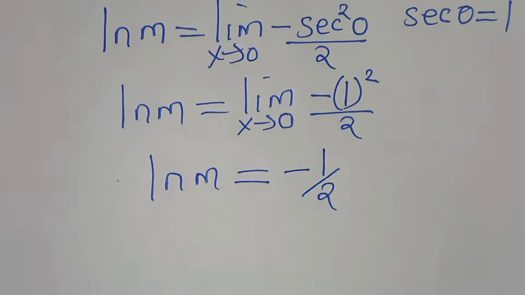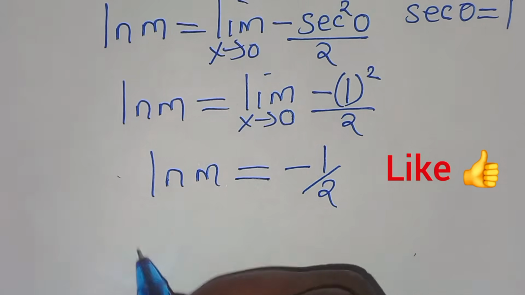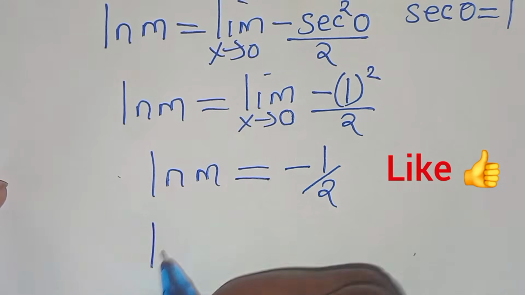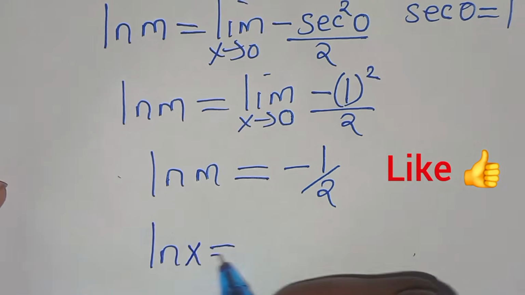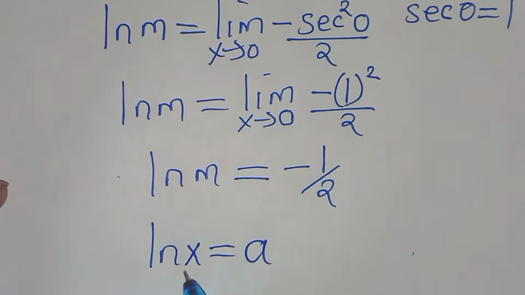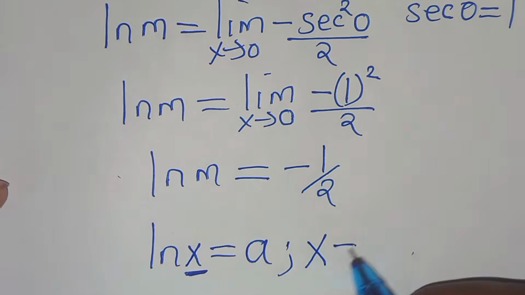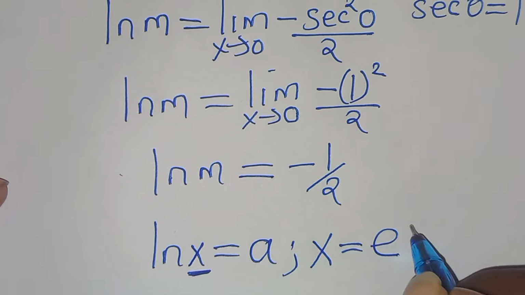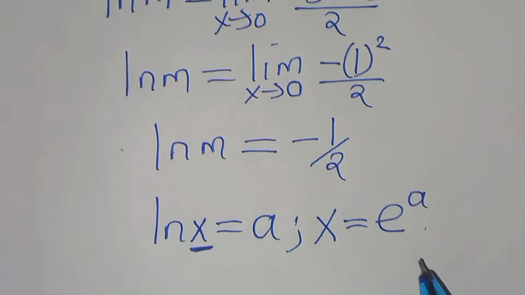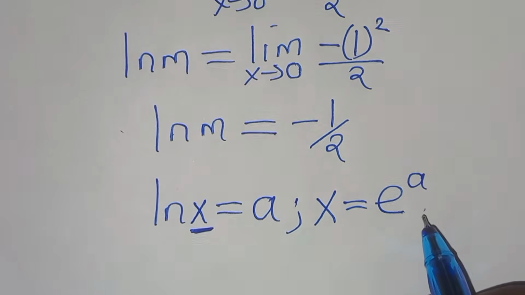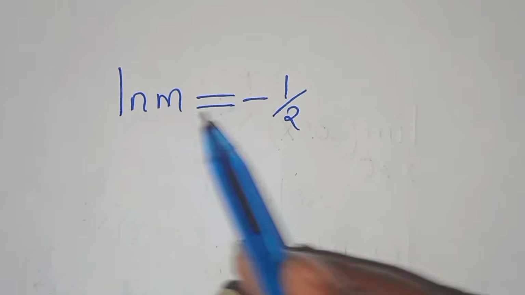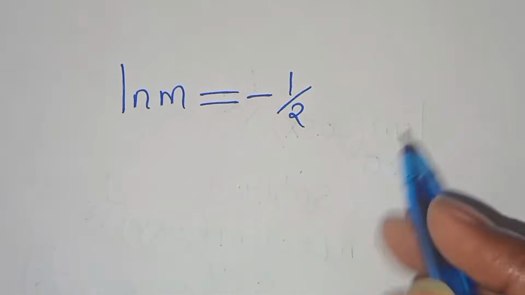Now, the next step is that if you're given the ln of x equal to a, then to solve for the value of x, that means that x is the same thing as the exponent e to the power of a. So introducing the exponent property, now we have that the ln of m is equal to minus half.